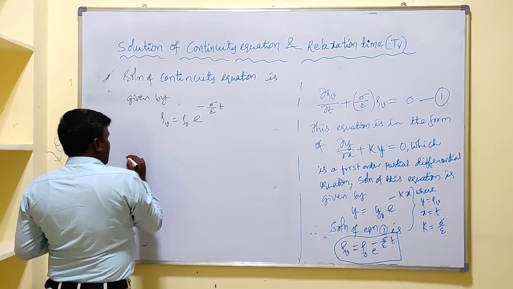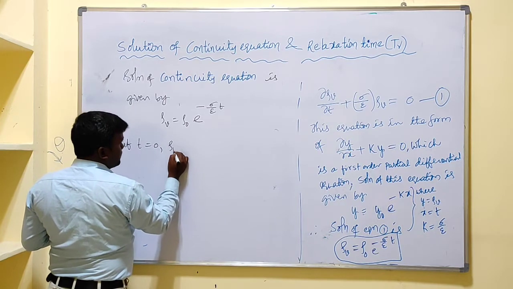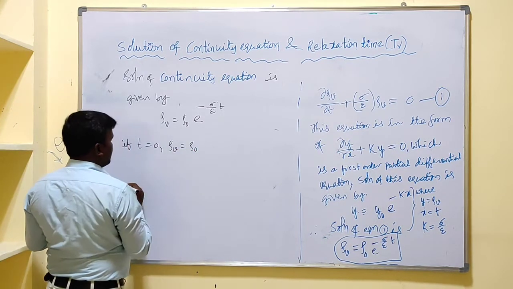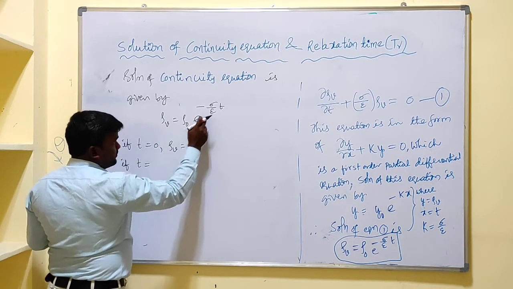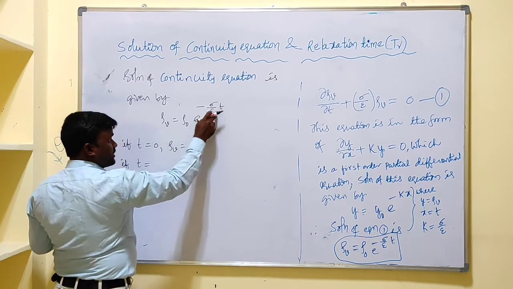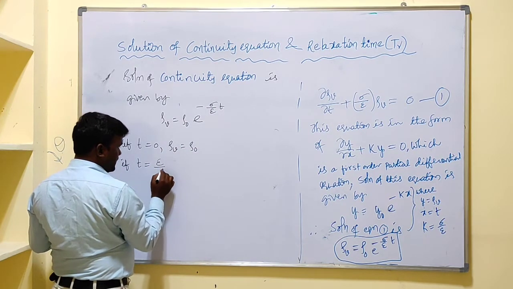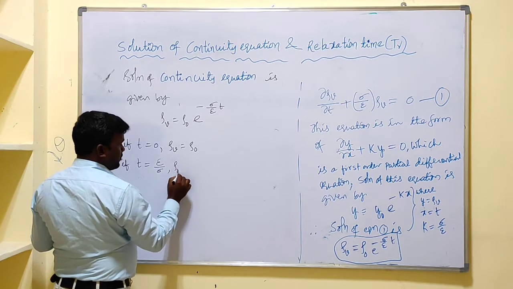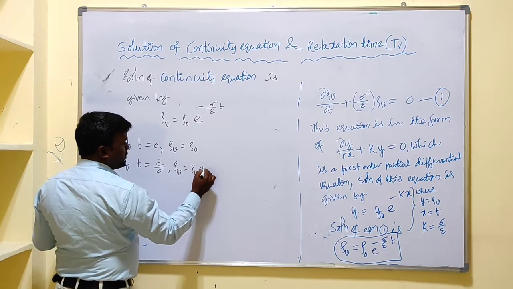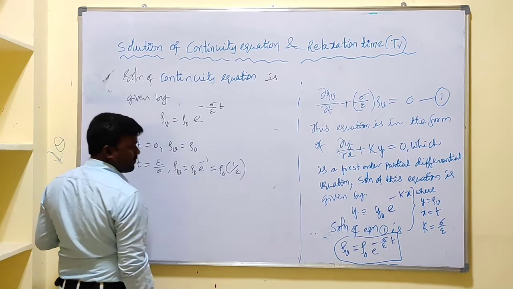Now if t equal to 0, rho v is equal to what? Rho naught. If t equal to some reverse of this one, as here we have sigma by epsilon, let us take epsilon by sigma. In that case rho v equal to what? Rho v is equal to rho naught into e to the power minus 1, or else rho naught into 1 by e.